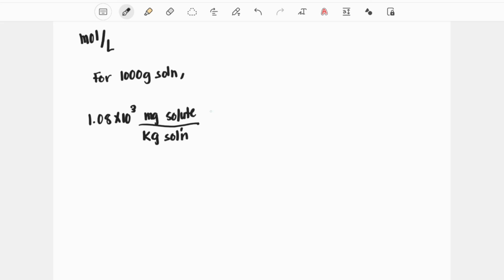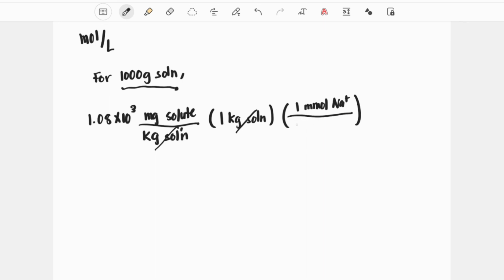To eliminate solution, I multiply it with my supposed value, which is 1 kilogram. Cancelled out. I know that for 1 millimole of sodium ions, I have 22.99 milligrams of sodium ions.